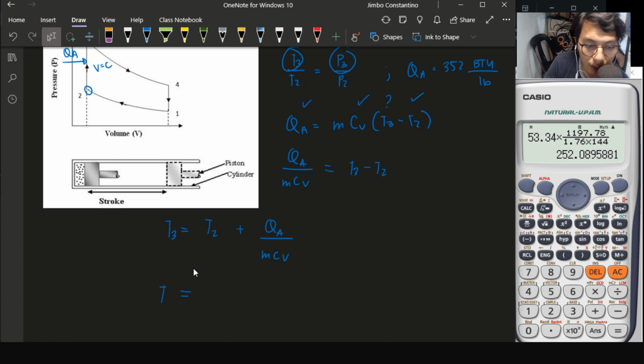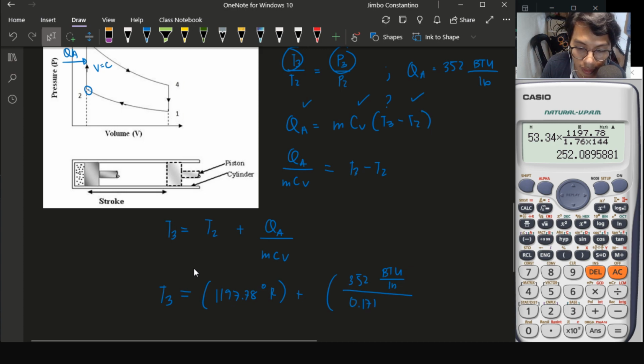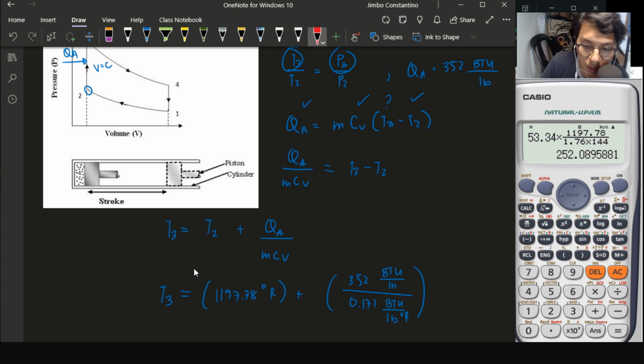O, T3, T2, 1197.78 degrees Rankine plus QA, 352 BTU per pound, per pound lang yan. Okay. Divide by CV, 0.171 BTU per pound degree Rankine. We cancel all the same units na meron tayo dyan, yung BTU pound, matitira Rankine.